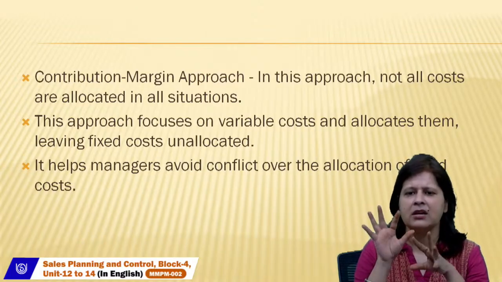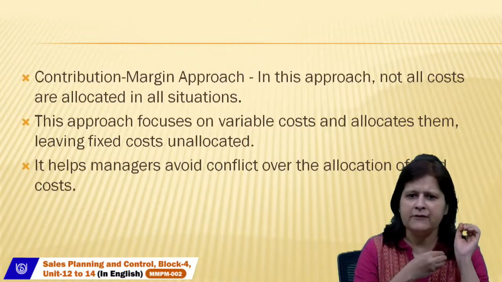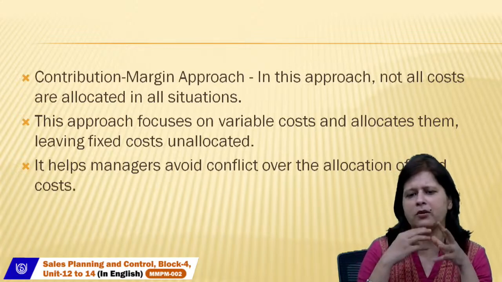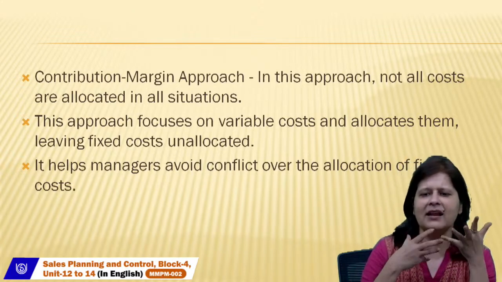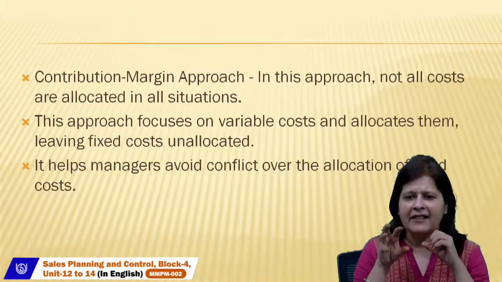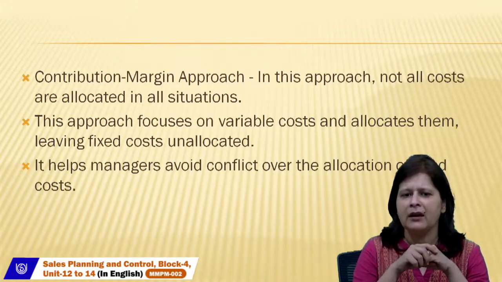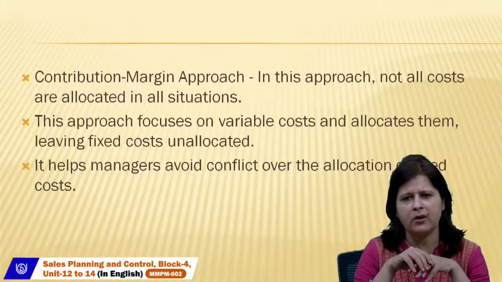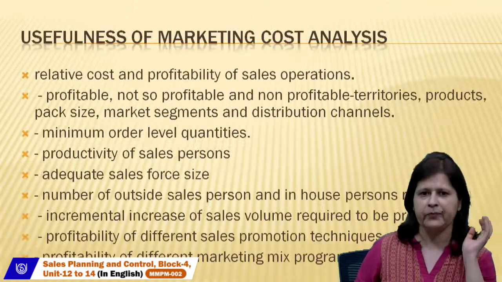This approach leaves the fixed cost unallocated, but focuses on the variable cost, the cost which varies, that is the salary cost, production cost, raw material cost, and then allocates them. It helps the manager to avoid the conflict over the allocation of fixed cost.